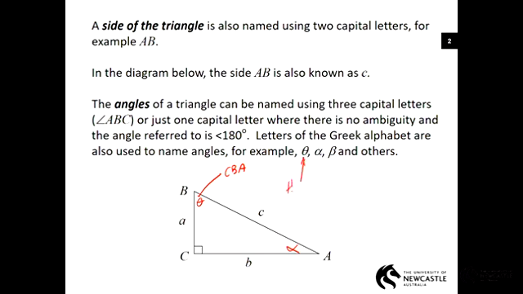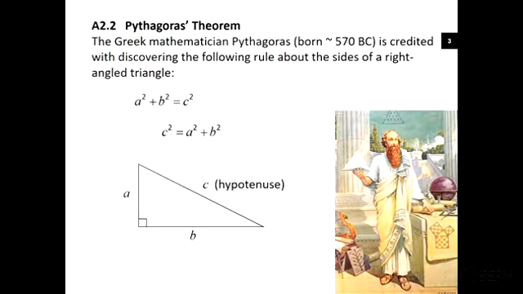But this is the most common one used for angles, theta, and then just good old AB in the Greek alphabet, alpha and beta. So theta, alpha, and beta are just common ones. You can call it X if you want. Just normally give X and Y to sides. So that's how we are going to describe our triangles.